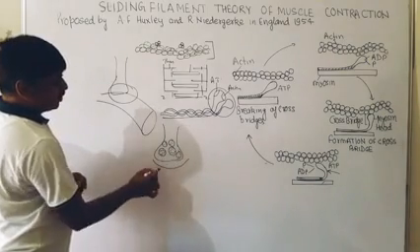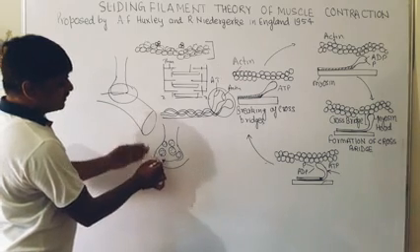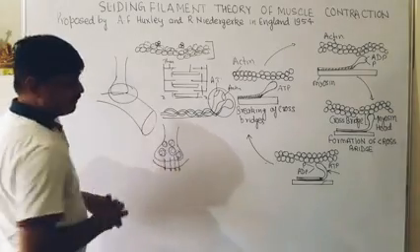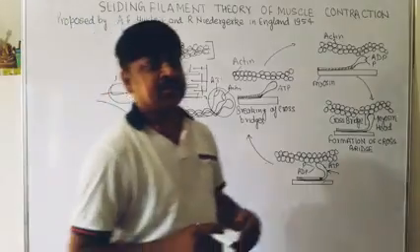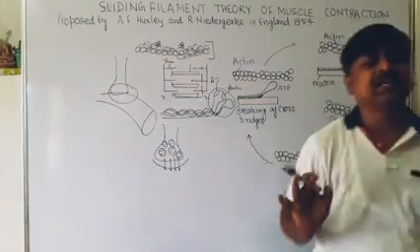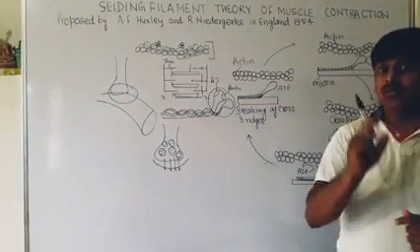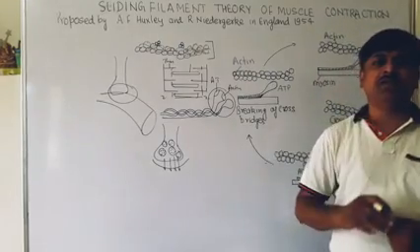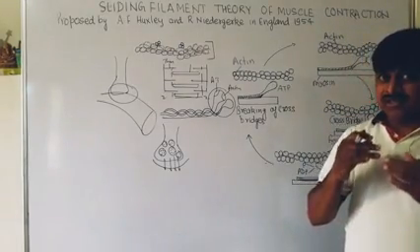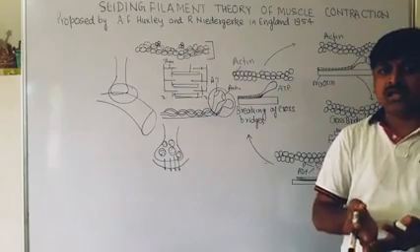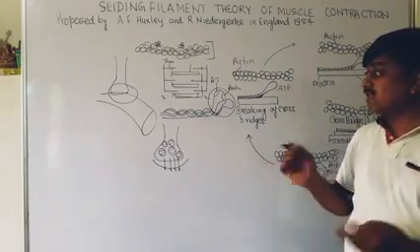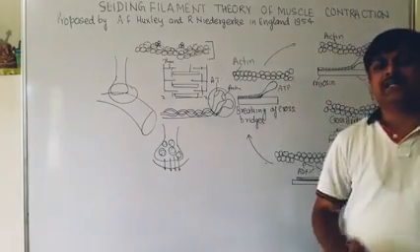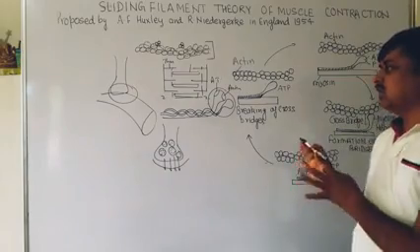So now these neurotransmitters send the signal here. So as soon as the muscles get the signal from the nerve ending, or the neuron, then calcium ions are released. So many calcium ions are there, they are released, clear.